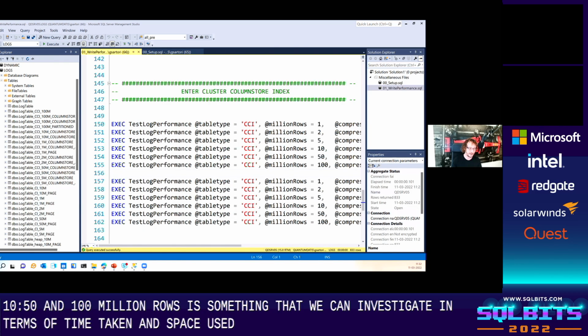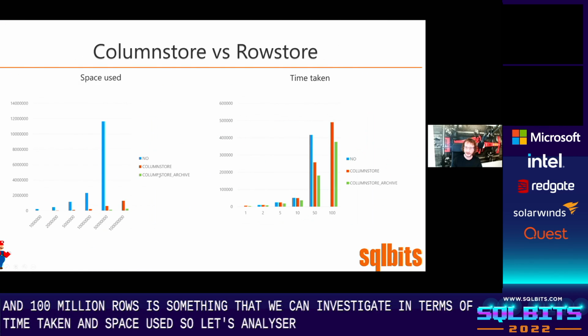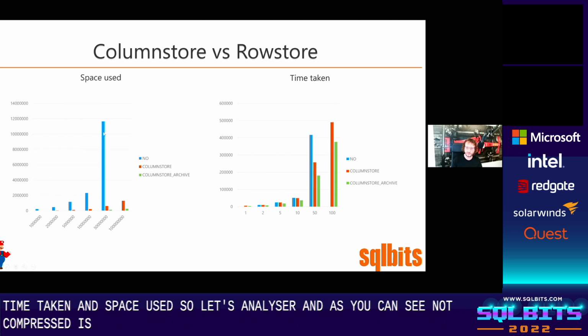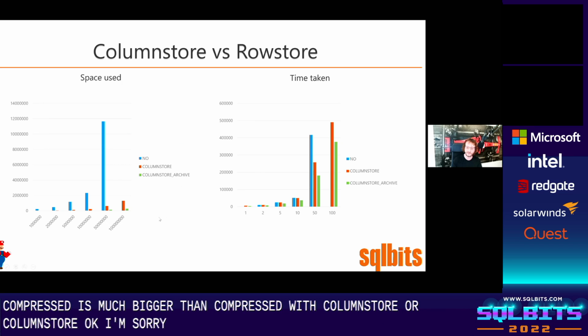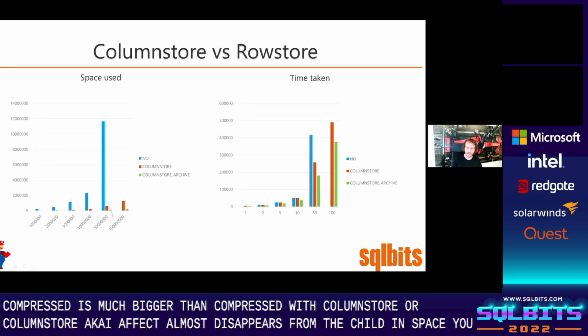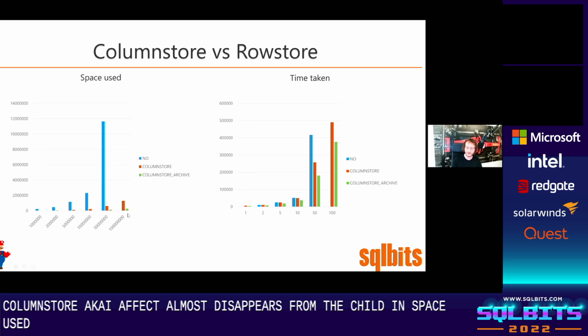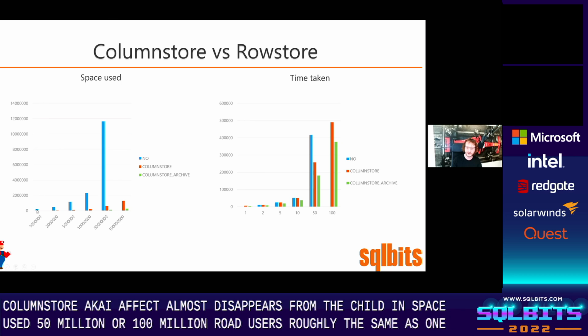So let's analyze that. As you can see, non-compressed is much bigger than compressed with column store or column store archive. Column store archive is so effective that it almost disappears from the chart in terms of space used. 50 million rows or 100 million rows use roughly the same as 1 million rows uncompressed.